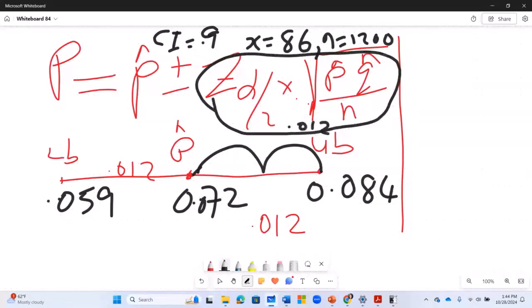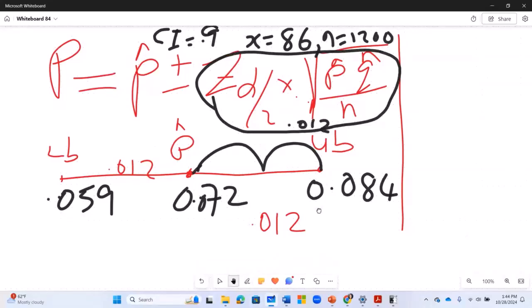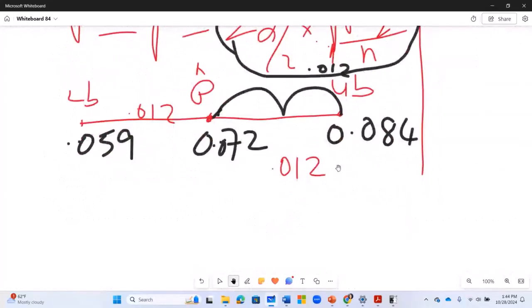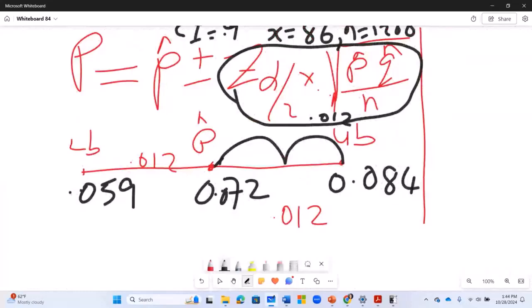Therefore, the estimate of the population proportion, remember that the population proportion is capital P, is equal to the sample proportion plus or minus the margin of error.